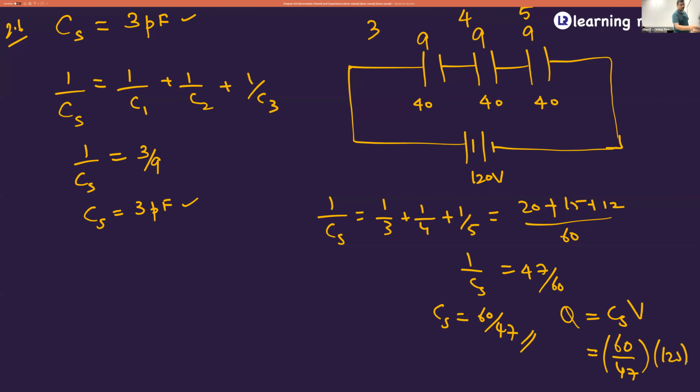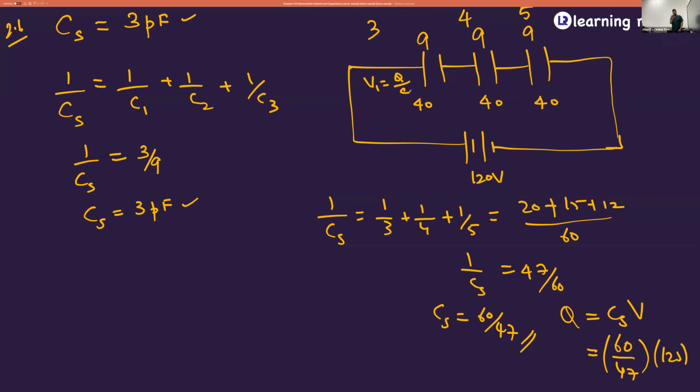Then what is going to be V1 in this case? V1 will be equal to Q divided by C. So what is the value of Q? 60 into 120 divided by 47. Yesterday I told you, remember, never break the charge into 3 equal parts. The charge supplied by the battery to the equivalent capacitance will be the charge supplied to each capacitor.